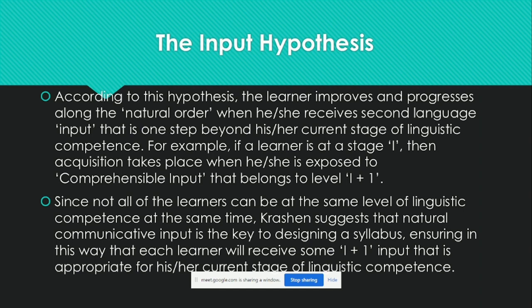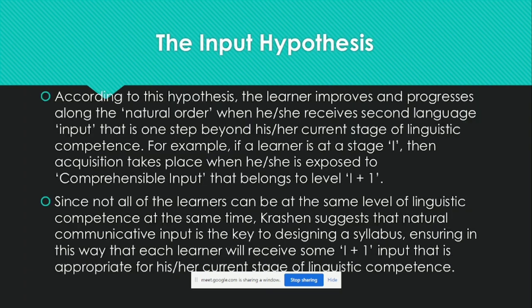Since not all learners can be at the same level of linguistic competence at the same time, Krashen suggests that natural communicative input is the key to designing a syllabus, ensuring that each learner receives some i plus 1 input appropriate for his or her current stage of linguistic competence. By the way, in i plus 1, i is the input, and the 1 is the new information that a child acquires.